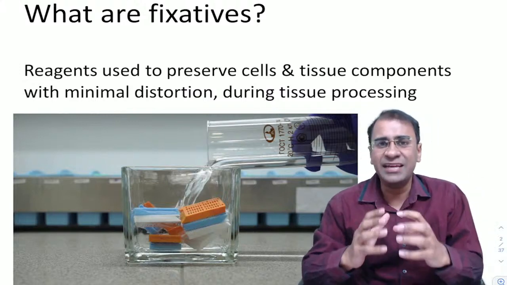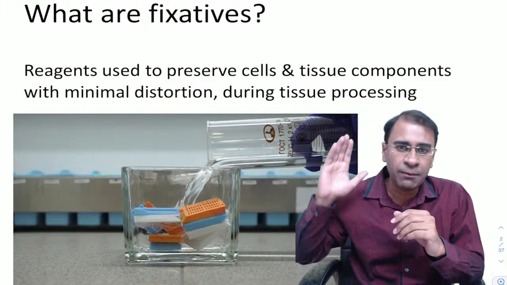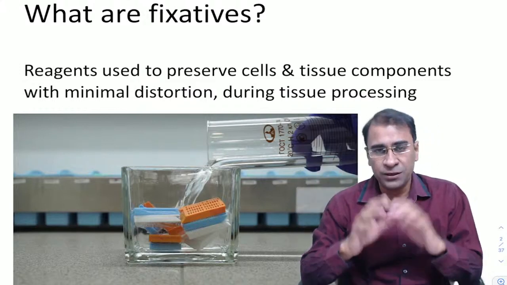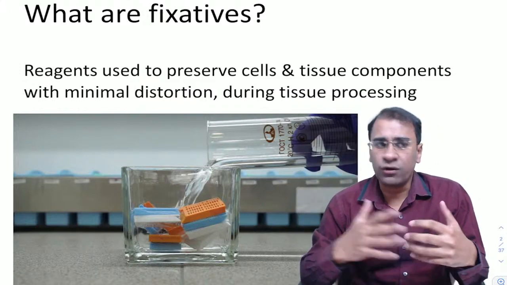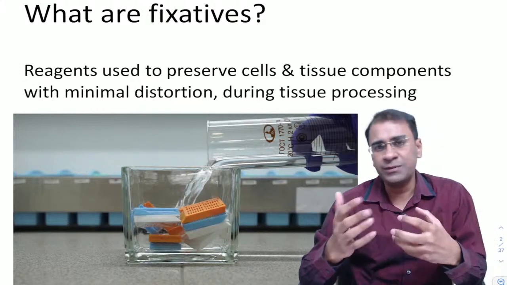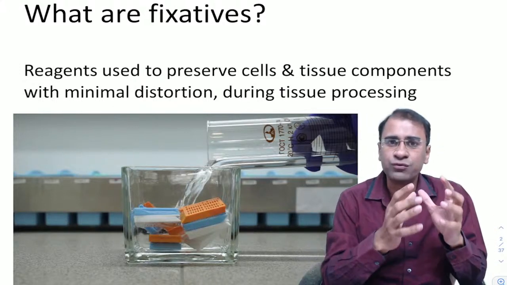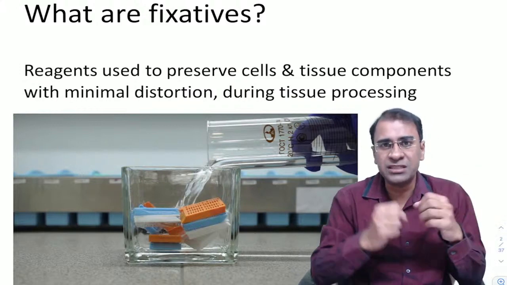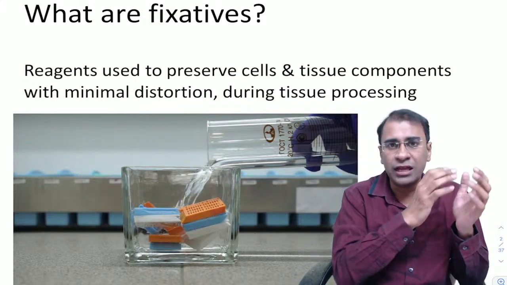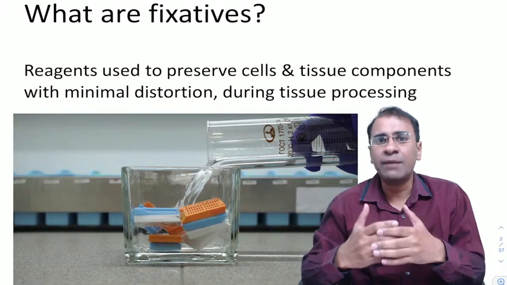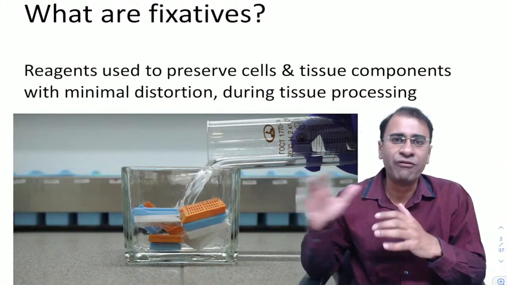The basic idea of a fixative is to cause minimum distortion during tissue processing, because tissue processing requires a lot of steps. A few of the steps that you must understand are, number one, tissue fixation. It will first dehydrate the tissue, that means it will take all the water out of it. How do we do that? We do that by putting in concentrations of alcohol.